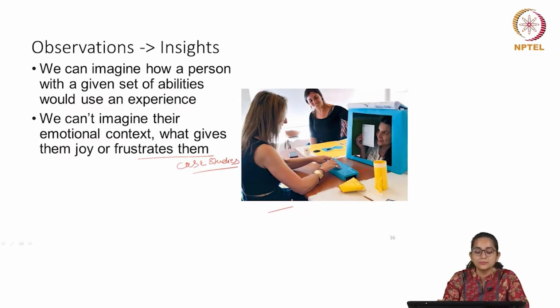But the emotional context, as it said here, the joy that a person who was, for example, so far not able to navigate independently was suddenly able to do it without any help. So as said in that Maslow's hierarchy, all of this goes back to that Maslow's hierarchy of needs, because it's developed from a core psychological perspective.